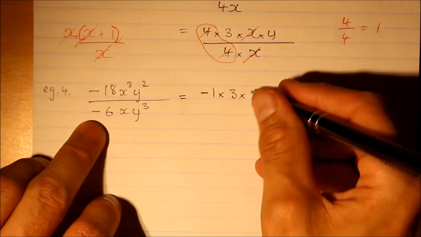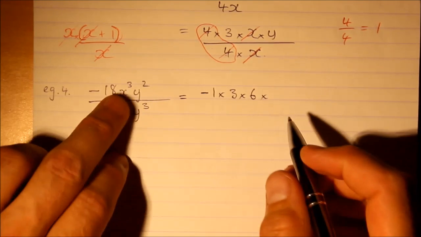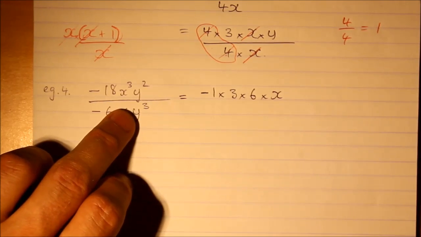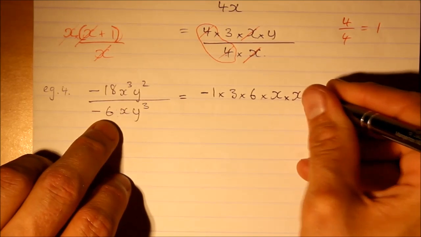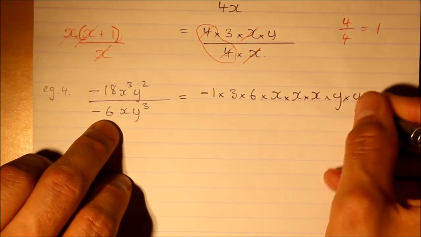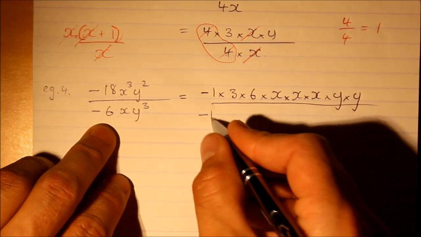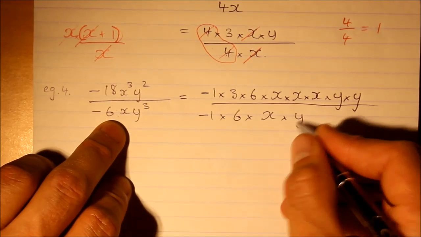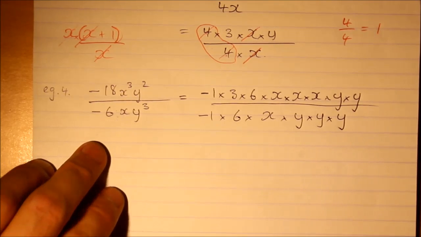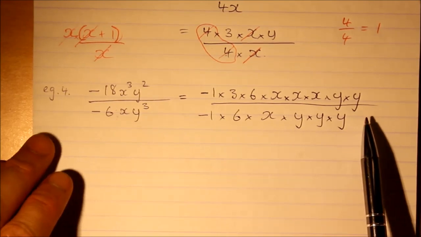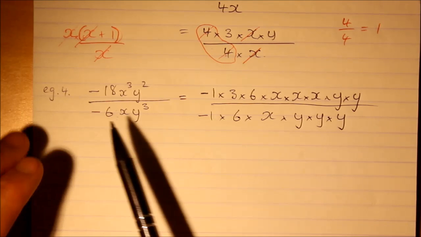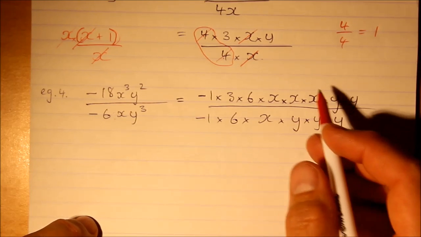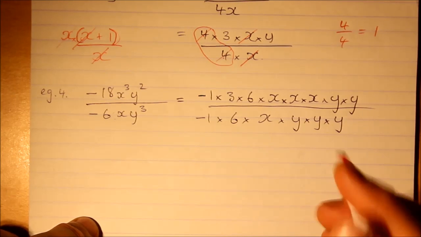So it's times 3 times 6 times, here we have, if they're not too big, these indices, you can write them out, y times y all over minus 1 times 6 times x times y times y times y. Now again, I would invest in this little process of factoring it out because it's very easy to make mistakes. So this allows us to do our simplification process a lot easier.